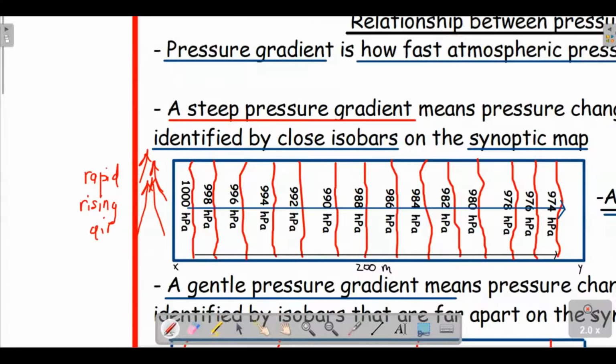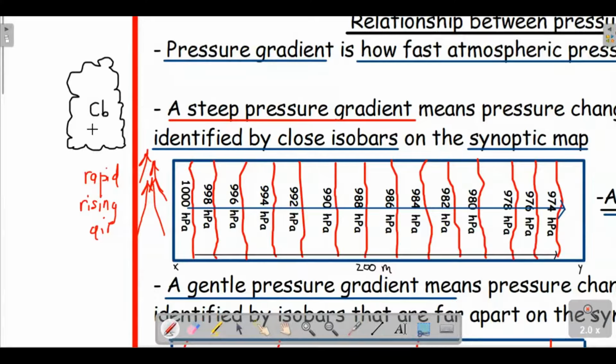And if it rises up very quickly, remember, warm air, especially if it is moist, is going to cause clouds. Because there's a lot of air rising up very quickly, it tends to build those tall cumulonimbus clouds, guys. The CB is for cumulonimbus clouds.